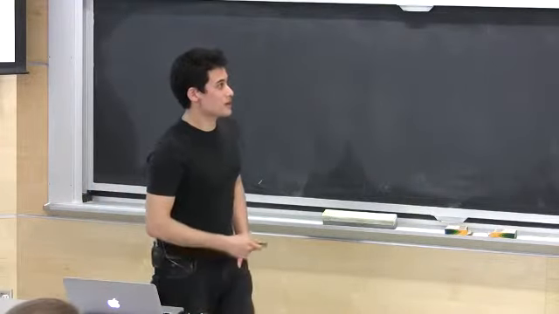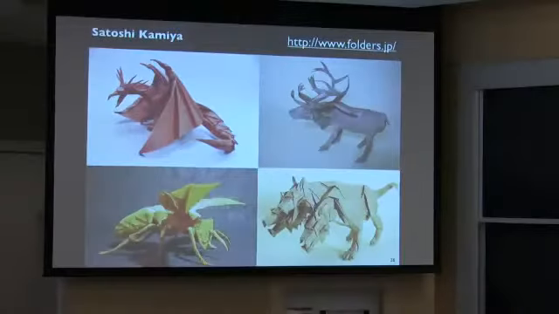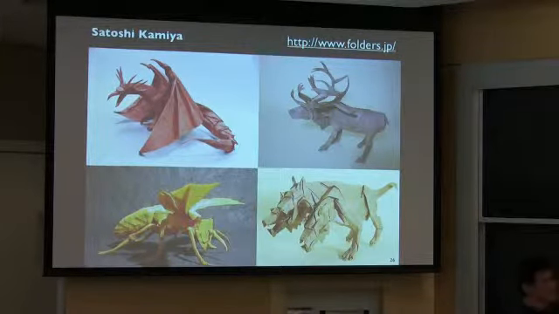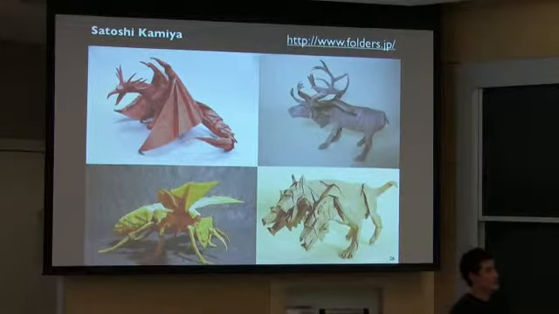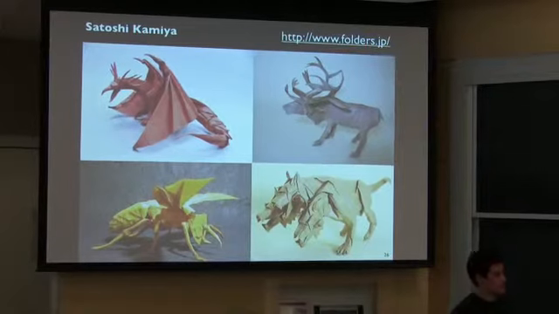Here are some more models by him. Again, you can see a lot of this texturing here in this wasp. Very clean folding. A dog, a multi-headed dog. A caribou with very complicated antler patterns, and this dragon.